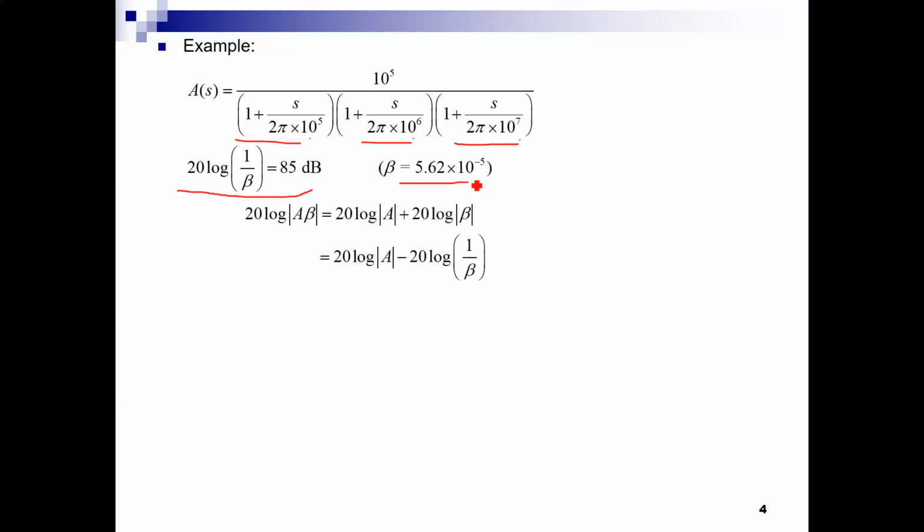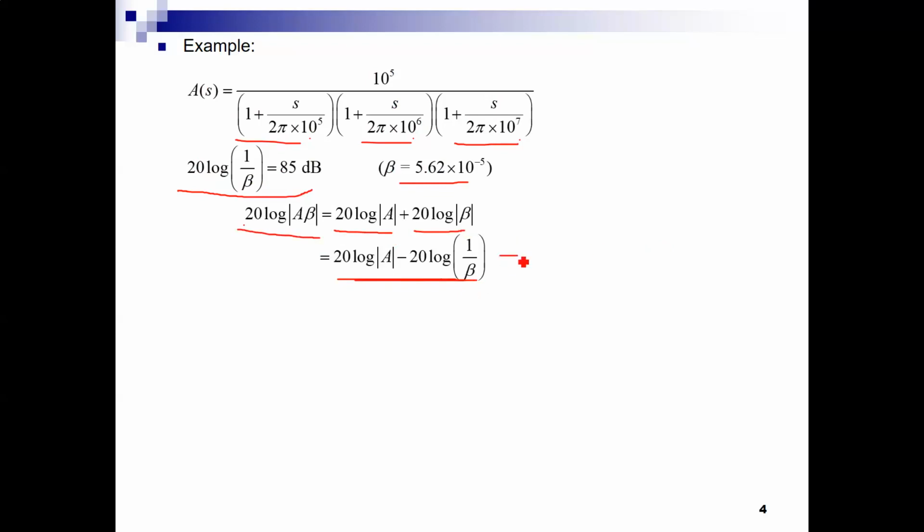Let's see why he's giving me 20 log 1 over beta. For the reason that I'm interested in studying 20 log A beta. So this quantity is equal to 20 log A plus 20 log magnitude of beta. And we can reinterpret it as 20 log A minus 20 log 1 over beta. Why are we complicating things?